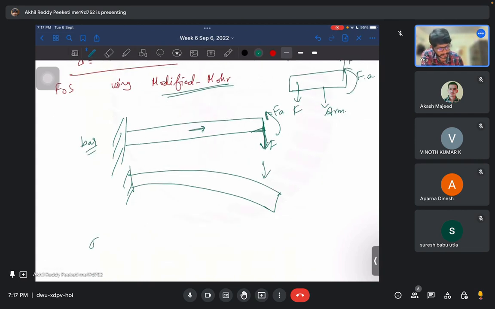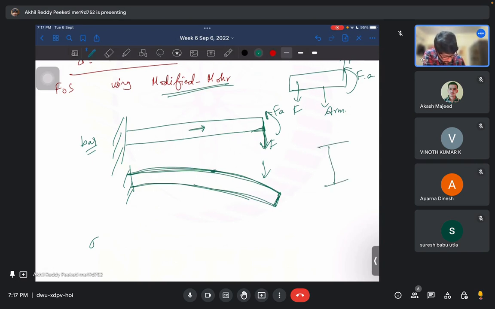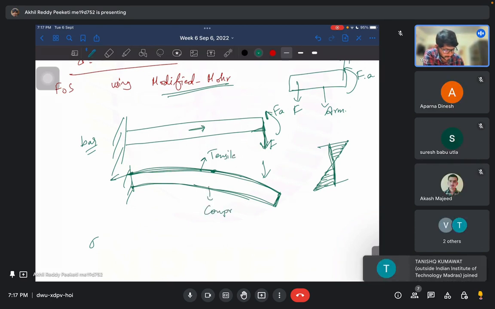Because the top part is expanding and the bottom part contracts because of this force, if you look at the stress through the thickness, at the top side you will have tensile stress, and at the bottom side you will have compressive stress due to the bending.